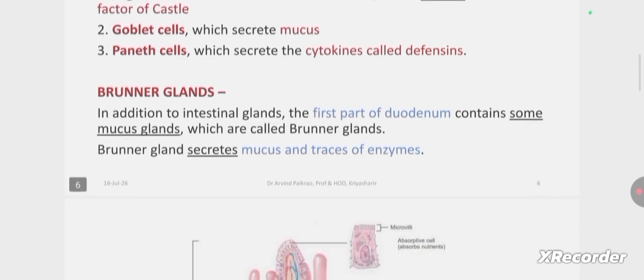That is the reason it has a defense mechanism role. So in that, defensin will be secreted more, like the cytokines.